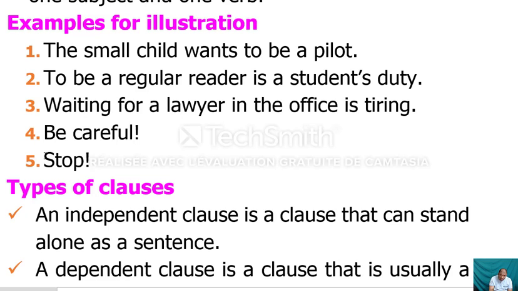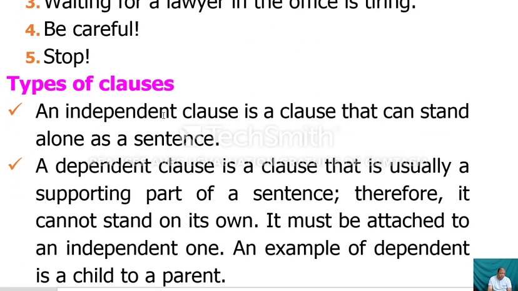So can we call it a predicate? Yes, we can call it a predicate. Stop alone, even if there is nothing after it. That's why I have said before, predicate is either the verb alone, when there is nothing that comes after it, or when there is something that comes after it. So these are five sentences related to the examples that we have just seen.